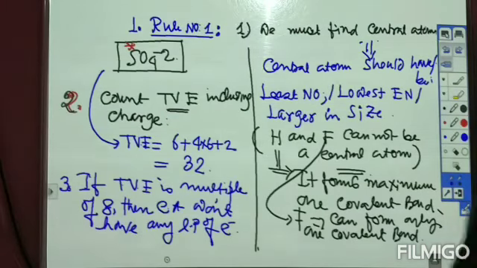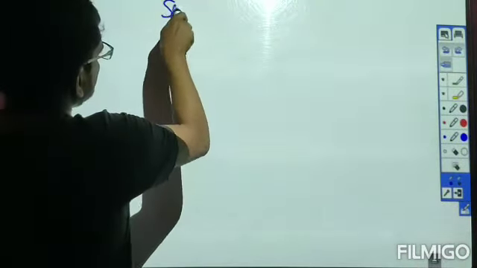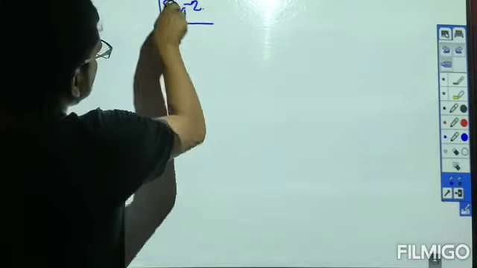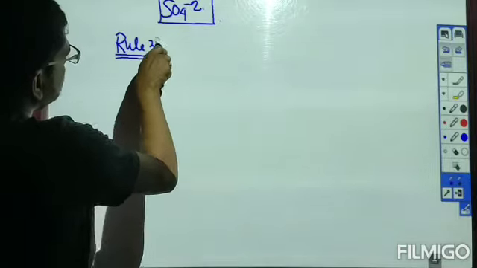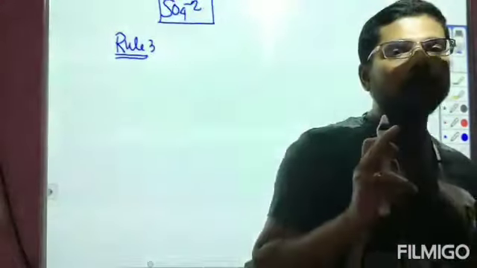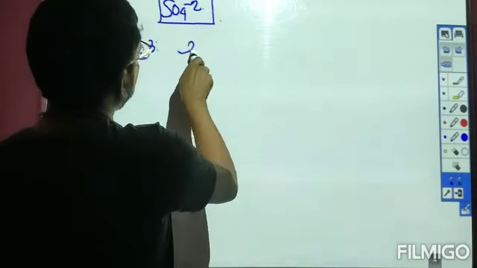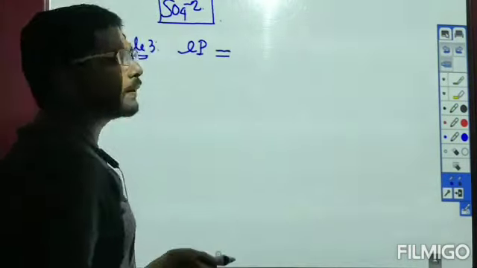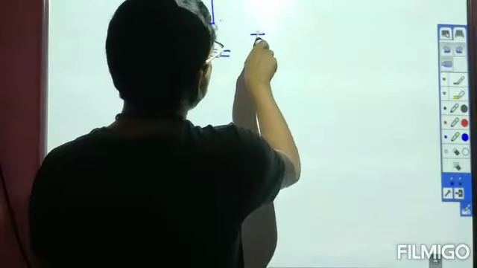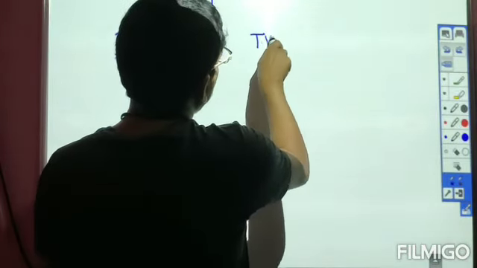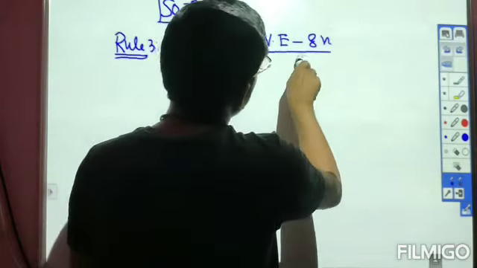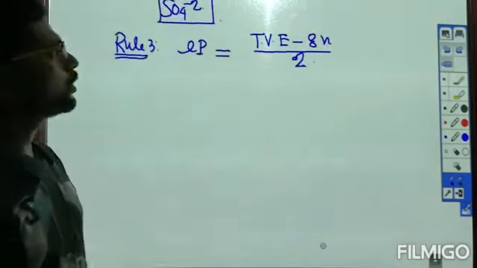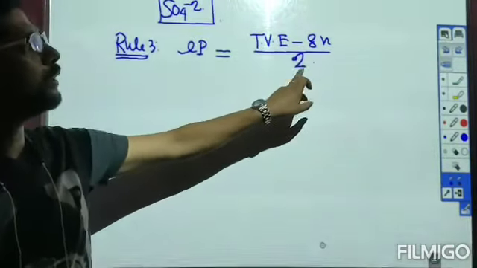What will be the formula for counting the lone pairs of electrons? The formula is total valence electrons minus 8n, divided by 2.